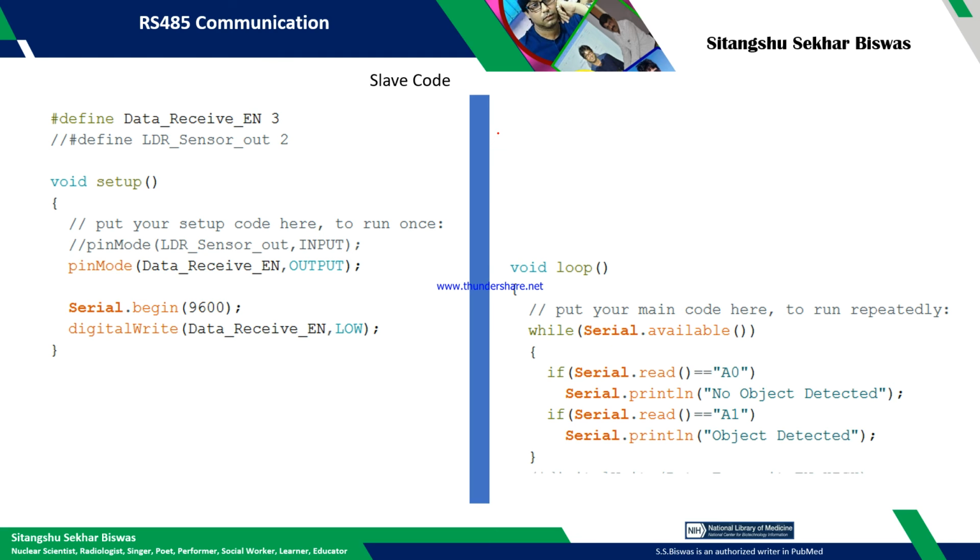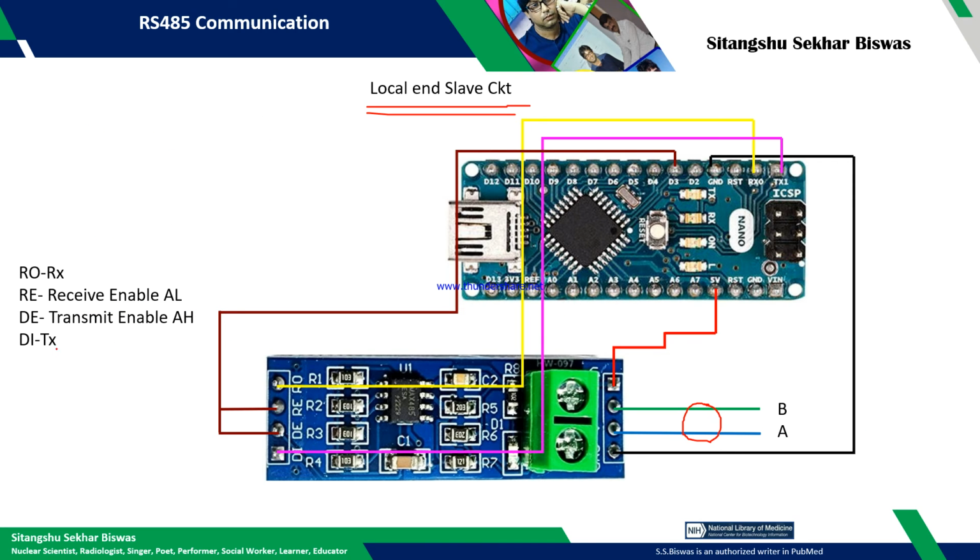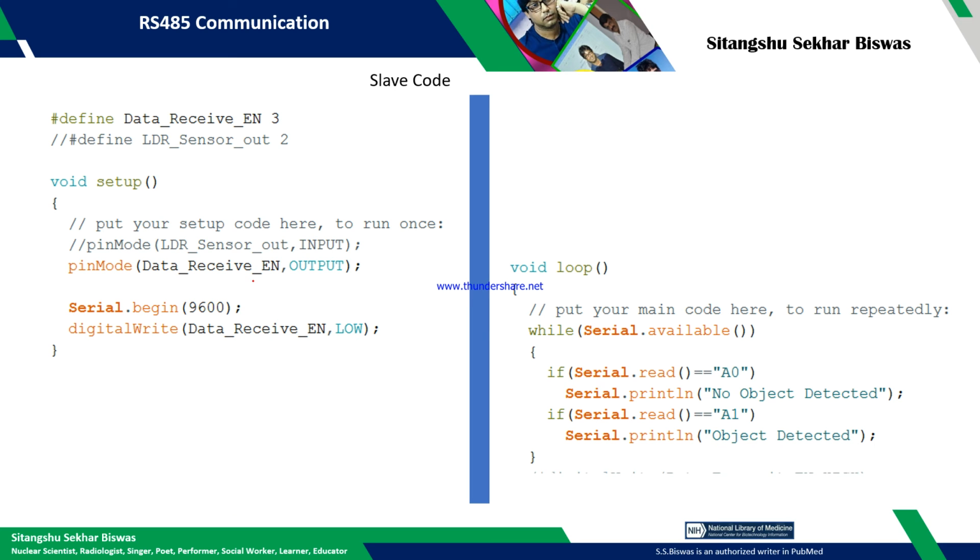So now I am coming to the code. This code is also very simple. As I told, when I use this device as a receiver, then definitely this RE pin should be low, then only it will receive the data. So that's why I am initializing this data receive pin as output.